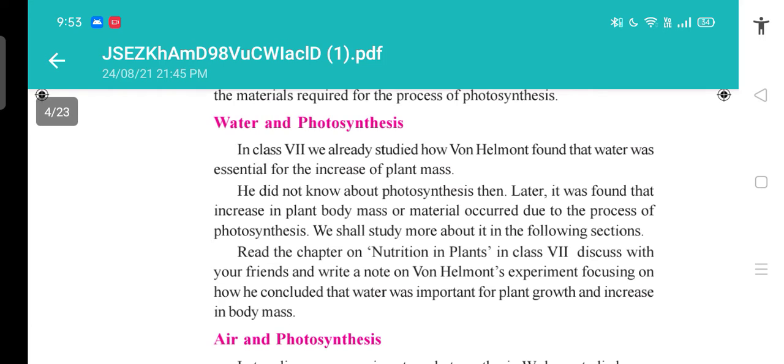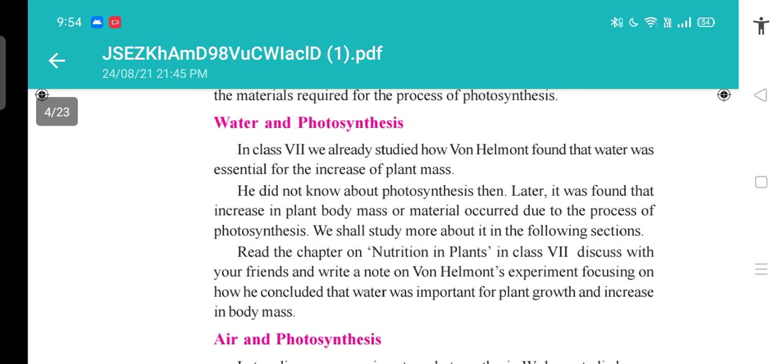In our 7th class, there is one scientist's experiment. Van Helmont had proposed one experiment showing that only the water gives more mass to the plant.